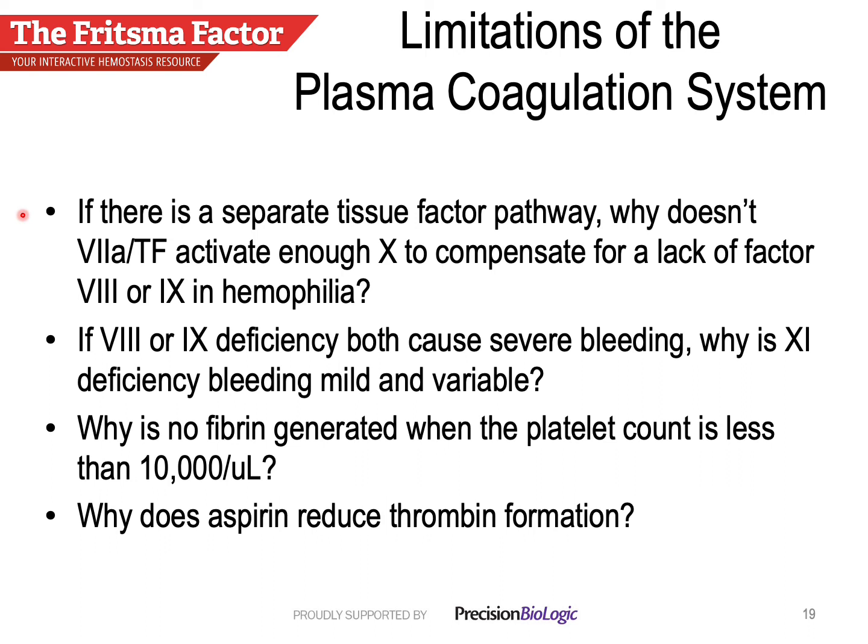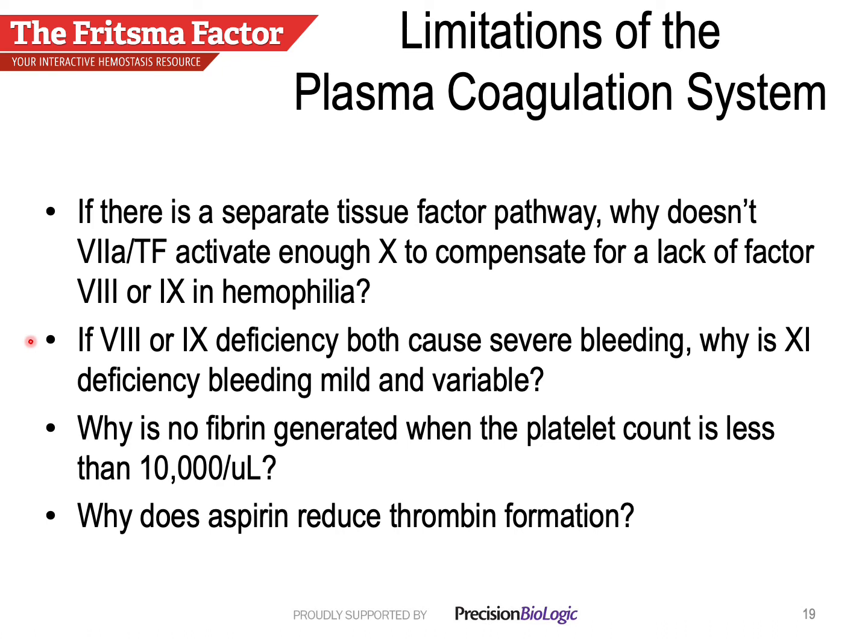For the many years in which the plasma system held sway, these questions went unanswered. If there's a separate tissue factor pathway, why doesn't the 7A tissue factor activate enough factor 10 to compensate for a lack of factor 8 or 9 in hemophilia?